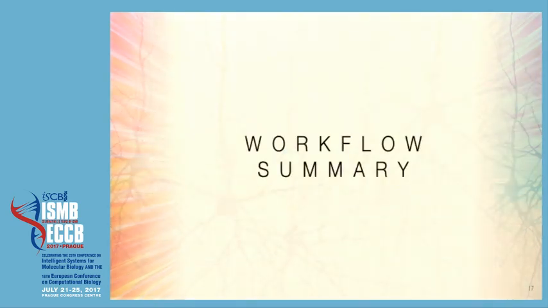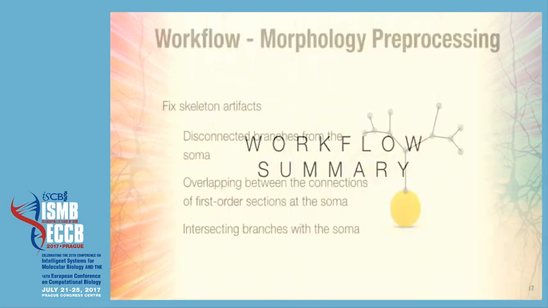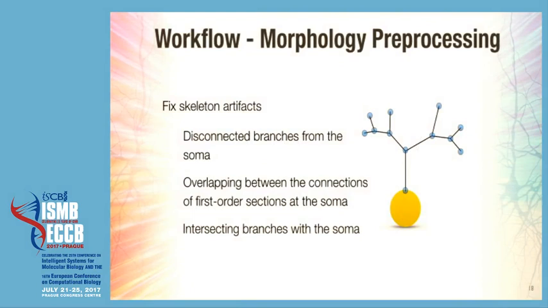Okay, for the summary of the workflow, because it involves many other details. We basically have a morphology. This morphology is full of artifacts. In order to be able to build a mesh, we have to fix those artifacts. So we compiled a list of artifacts, and we managed to solve all the artifacts that could affect the voxelization workflow.